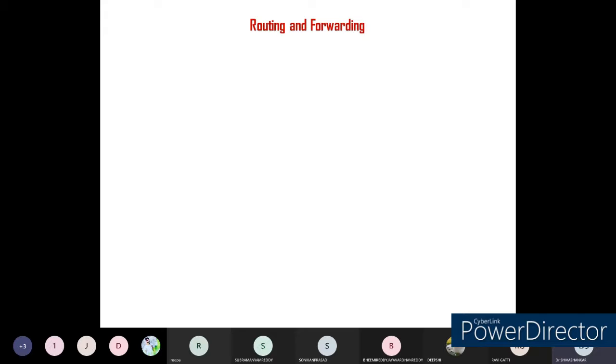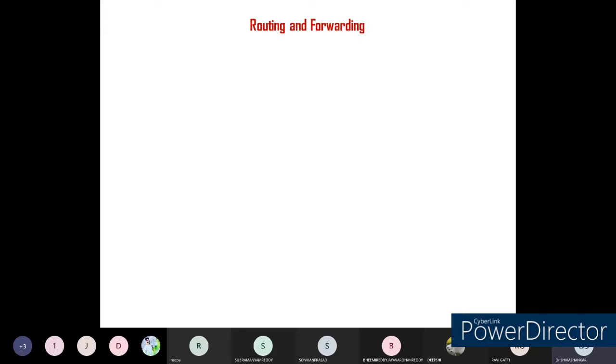Dear students, in previous classes we have discussed that routing means how to transfer the data from source to destination with a mediator, means an intermediate computer system. That is called routing. So routing is a path. Please understand that routing is nothing but a communication path from source to destination using intermediate computer systems, right?